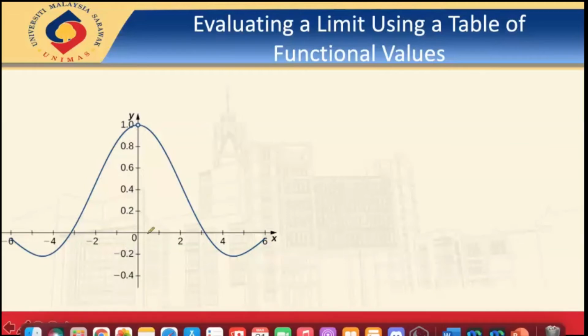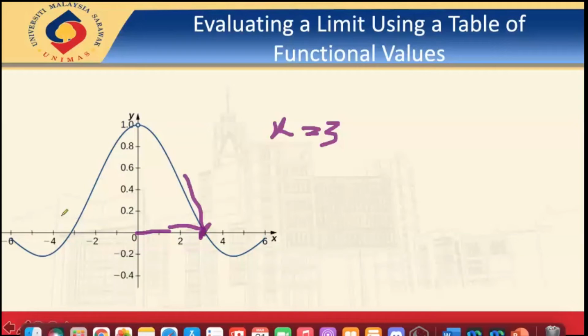If you look at this graph, it is very clear that as you go away from 0 until you reach x equal to 3 on the positive side, the graph comes down until 0.